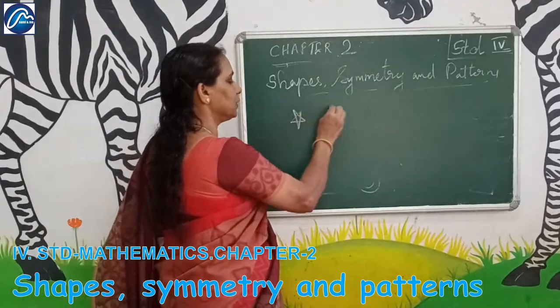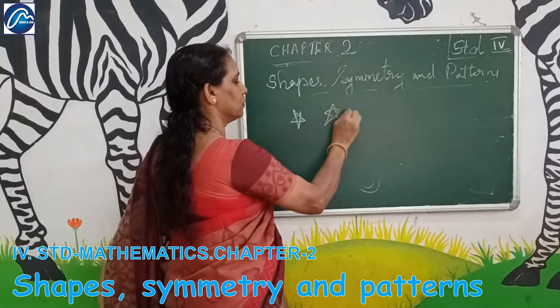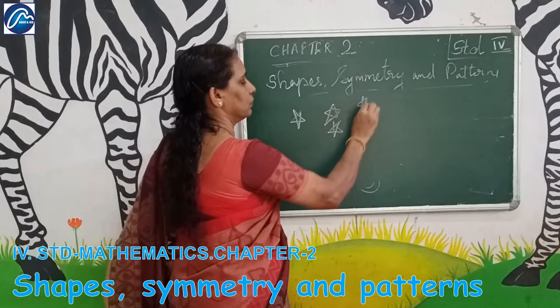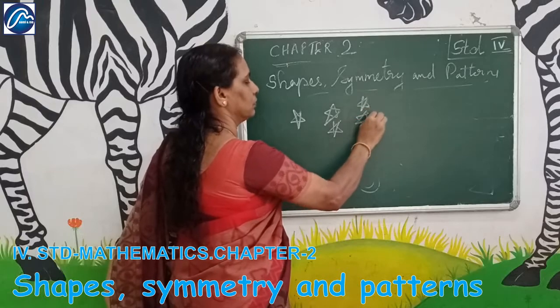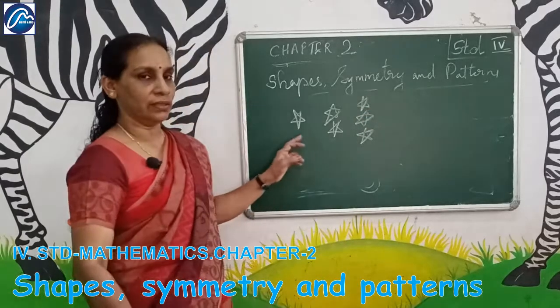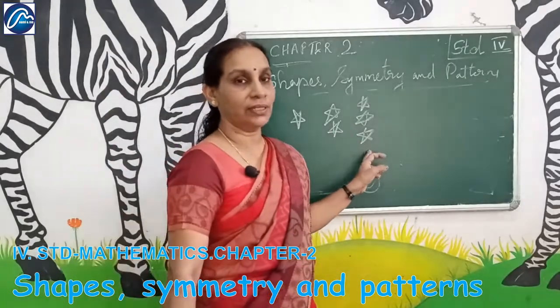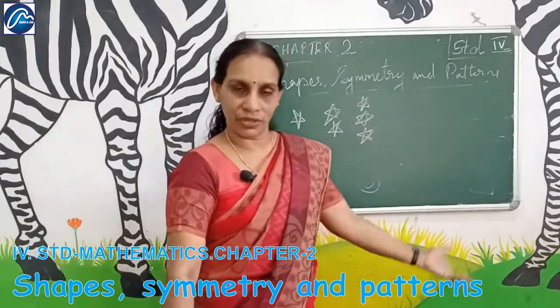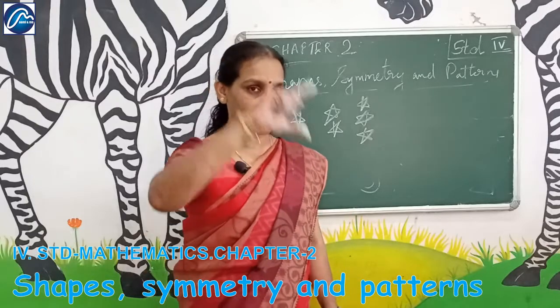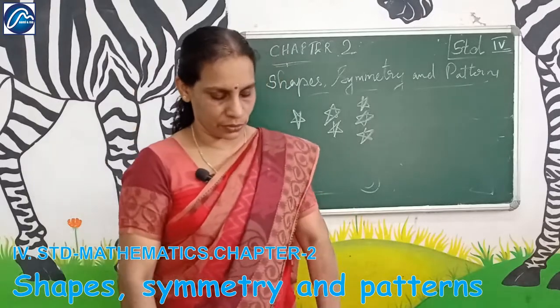Suppose this is 1. Here 1 star, then 2 stars, then 3 stars, next one is 4 stars, then 5 stars, like that. It is increase in number. But it is increase in shade, size.